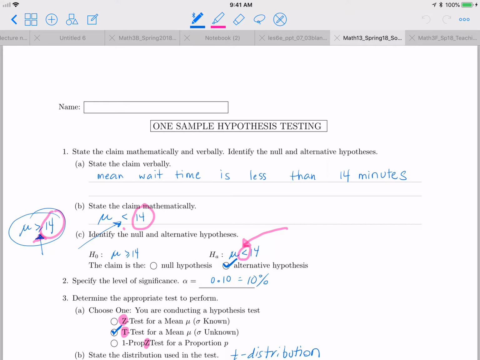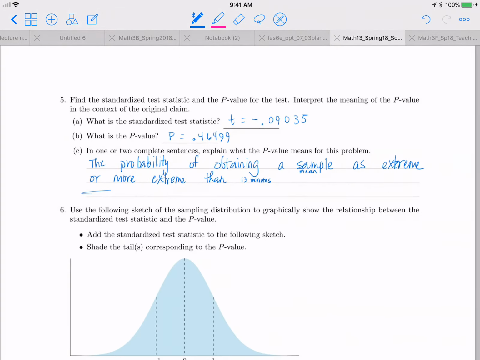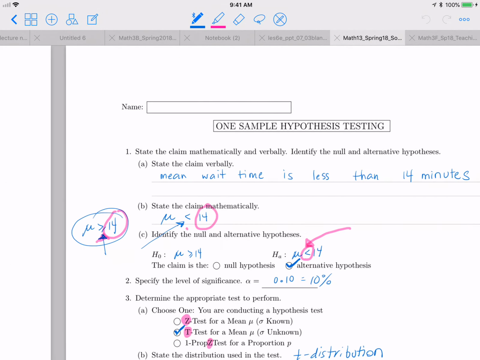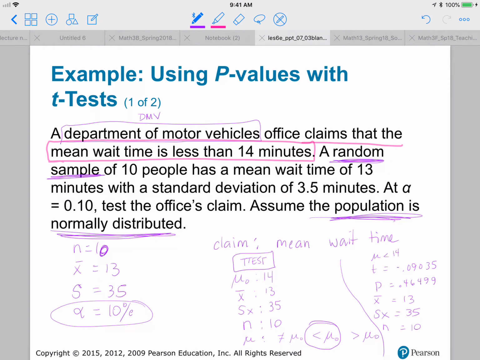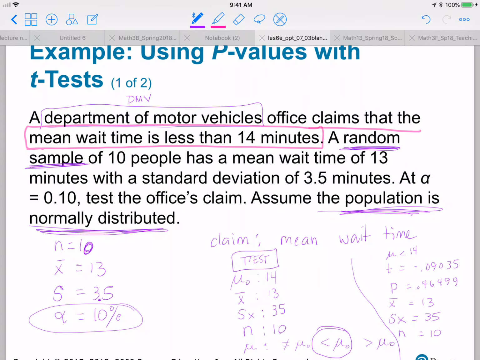My sx, I put in 35, but sx should not be 35. See, that's what happens when you're not very clear with your notation. It should be 3.5. That's messing me up because that's too high.